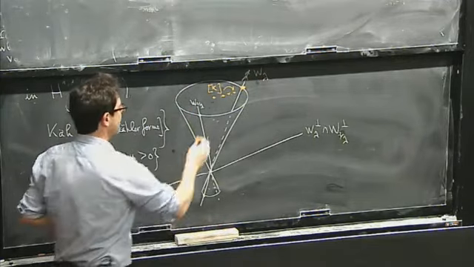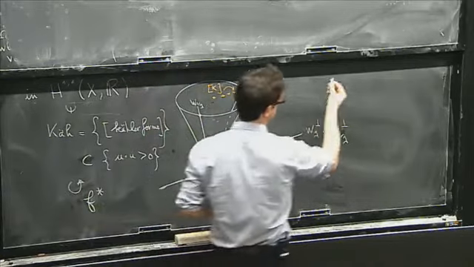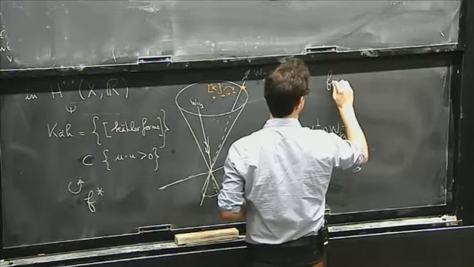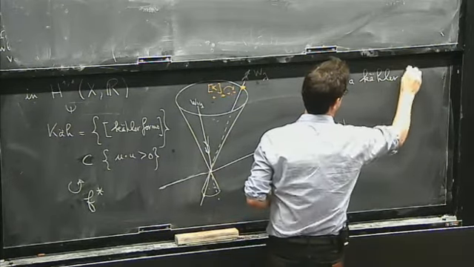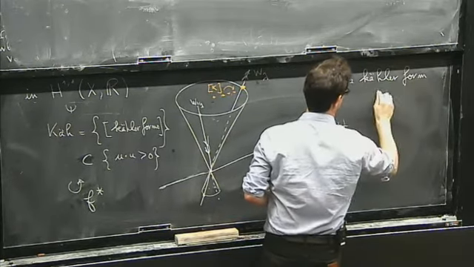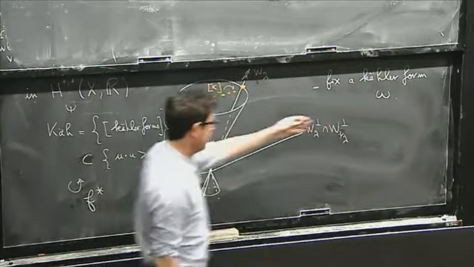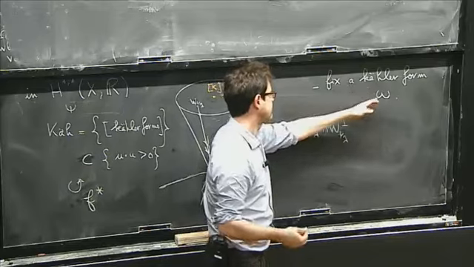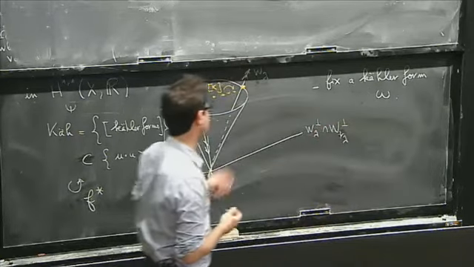So what I will do, I will fix a Kähler class. So I fix a Kähler form omega. So these Kähler forms correspond to a Hermitian metric, and so to a Riemannian metric on the manifold X.